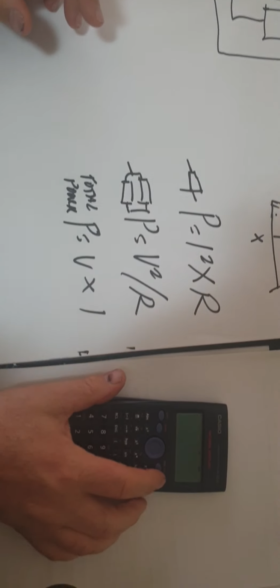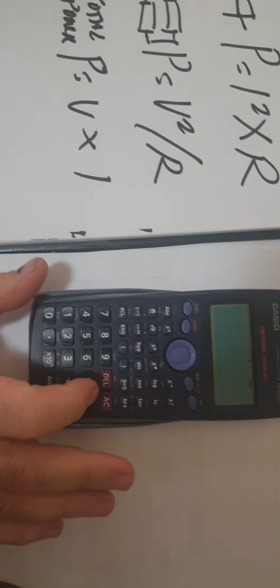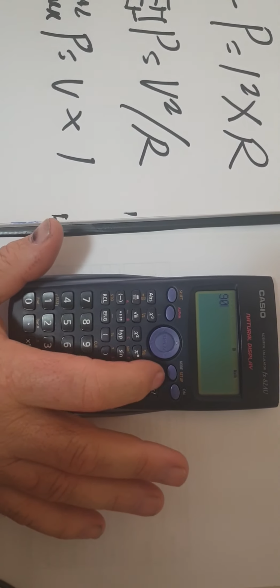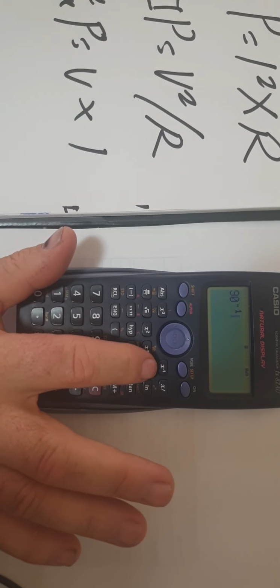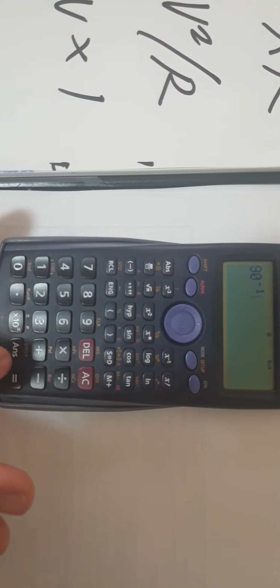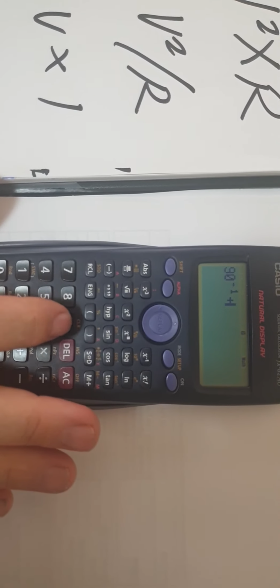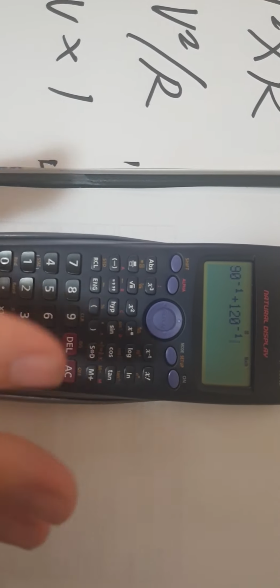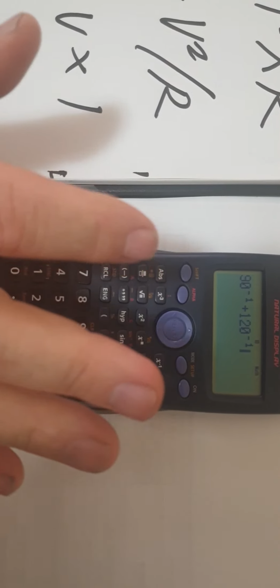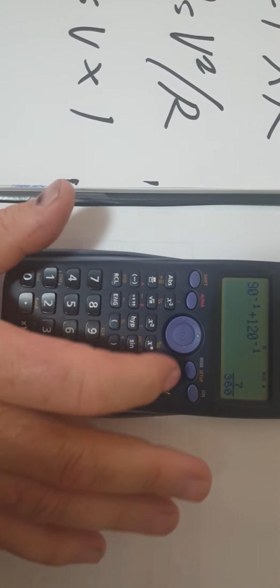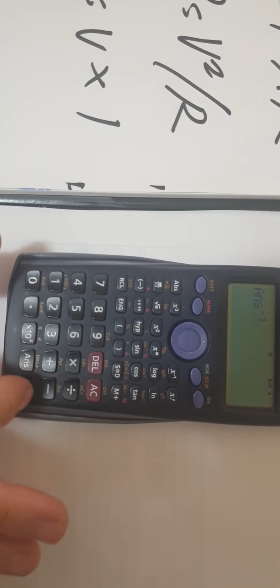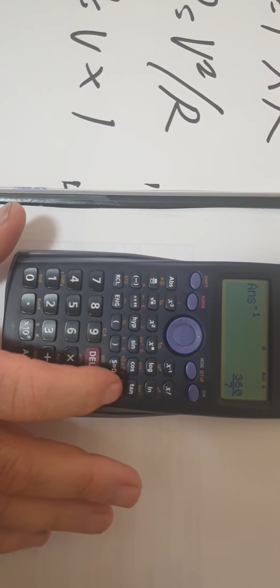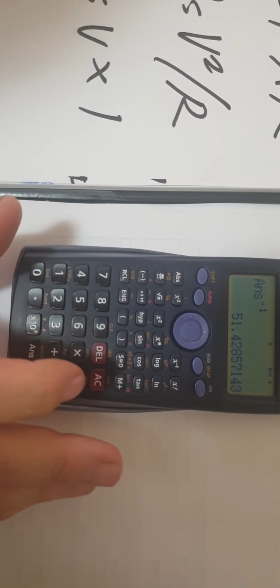So coming back to my calculator, we are now going to do 90 over x1. Remember this x1 key that I pointed out before? 1 over 90 plus 1 over 120, I'll equal it, push this again to re-invert it back, and I get 51.